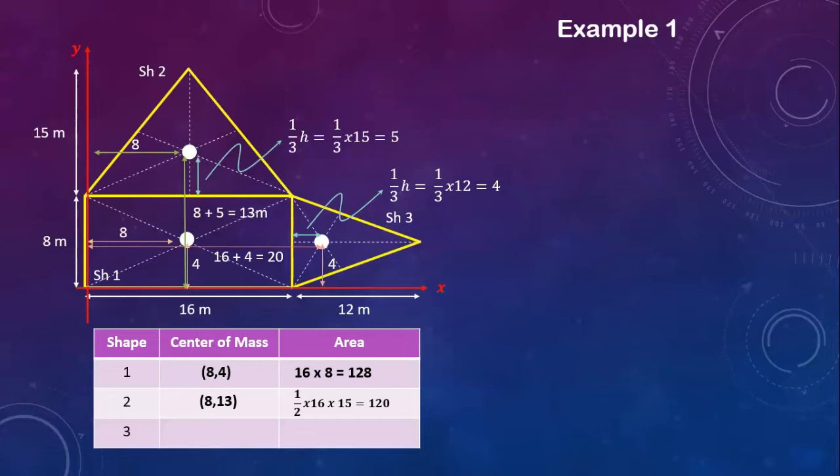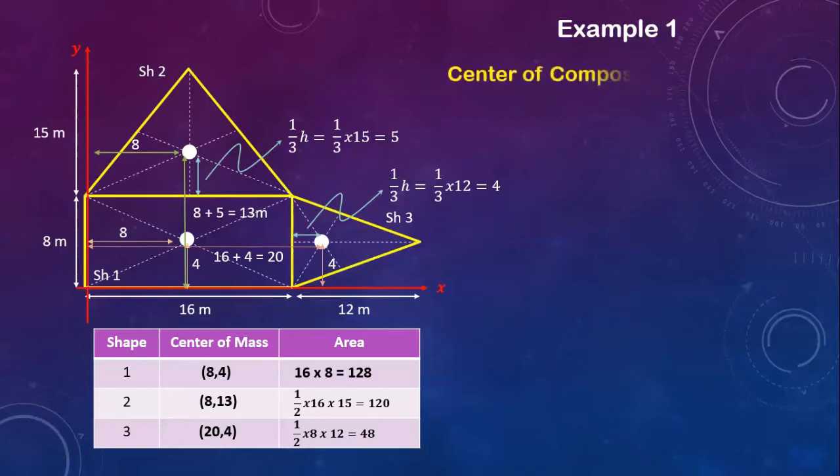That's right, a half of 8 meters. So the center of mass of the third shape is (20, 4), and the area of this triangle is a half times 8 times 12. We found 48 meters squared. That's easy, right, everyone?